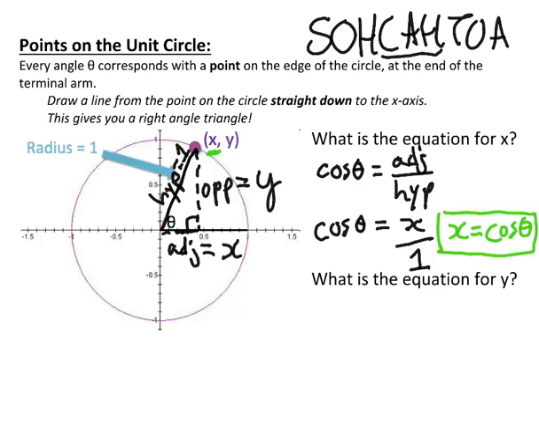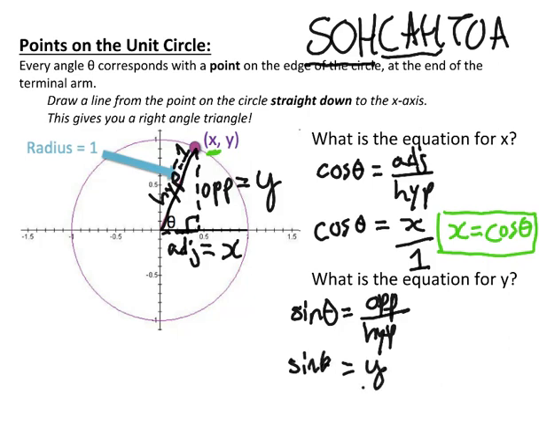Let's see if we can do the same thing for y. So y is the opposite side, and I know the hypotenuse. So it might make sense to use the SOH part of SOHCAHTOA. So sine of my angle is the opposite over the hypotenuse. But for us here, the opposite side is in fact y, and the hypotenuse is 1. And so y divided by 1 is just y.